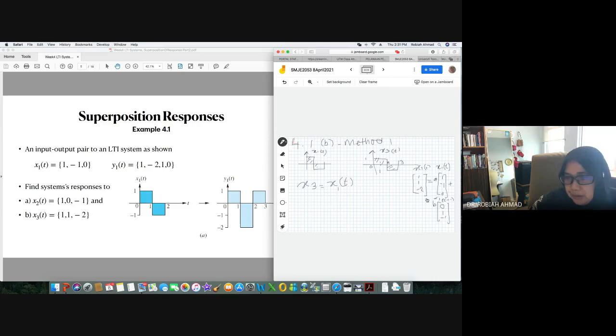So A will be 1, B will be 2, right? Is that correct? Did everyone get this? Okay, so when we get this relationship, it means our Y3 equals the same relationship holds.